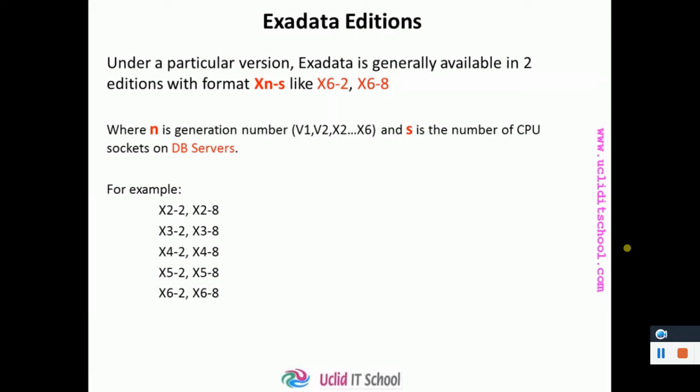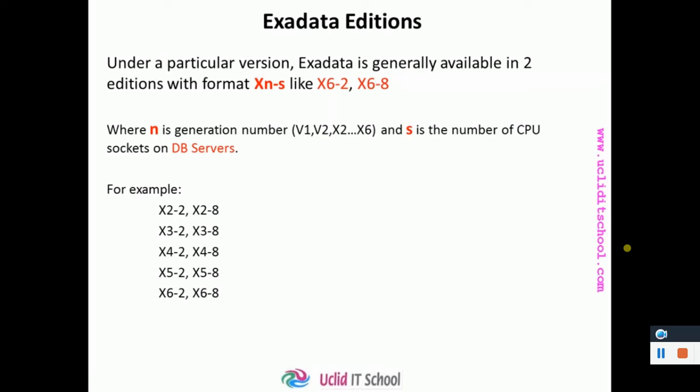So what are these editions? This is similar to Oracle database software, where the same release of the software is available in different editions, like Enterprise Edition and Standard Edition.